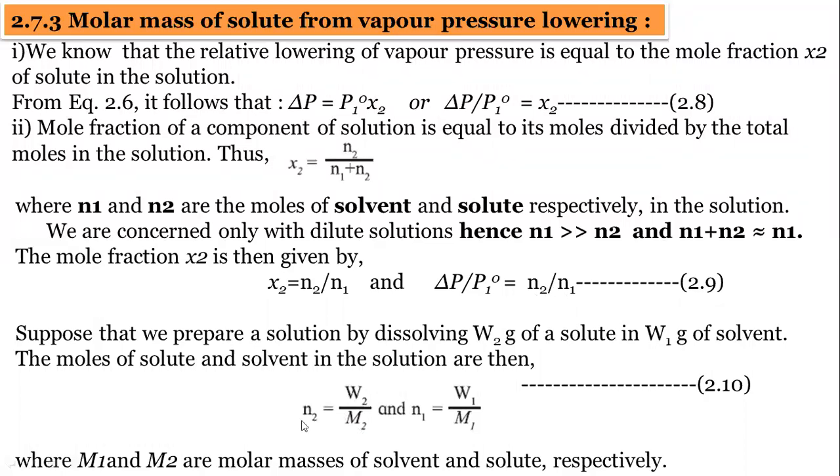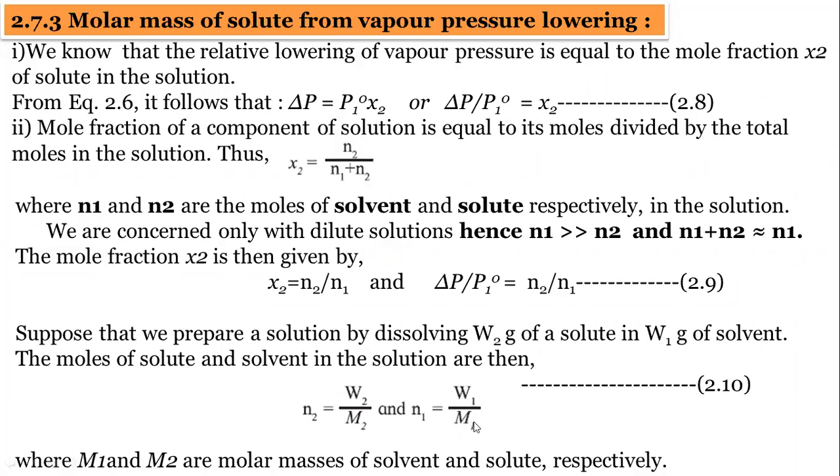Once again, I am explaining: N2 is the number of moles of solute, W2 is the mass of solute, M2 is the molar mass of the solute. N2 is solute and N1 is solvent. So N1, the number of moles of solvent, is equal to the mass of solvent divided by the molar mass of solvent.